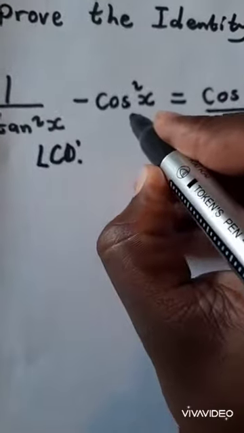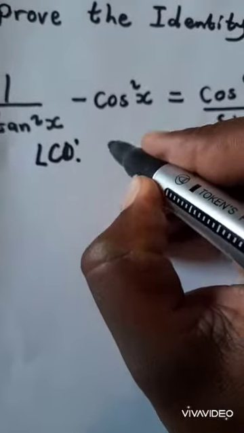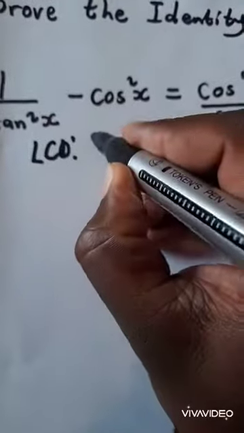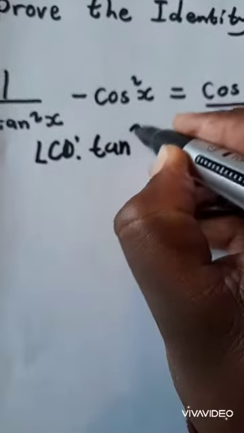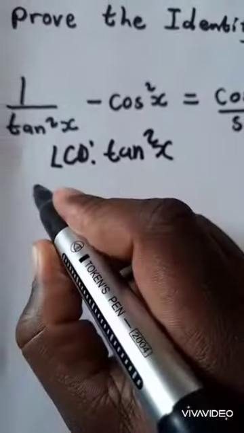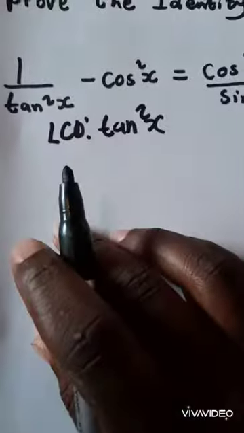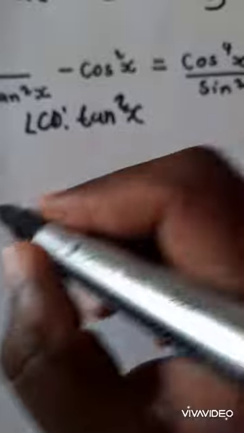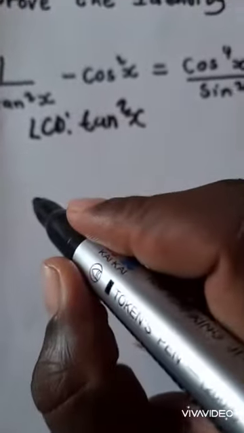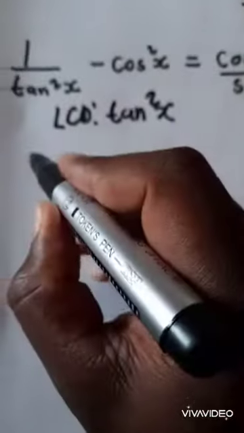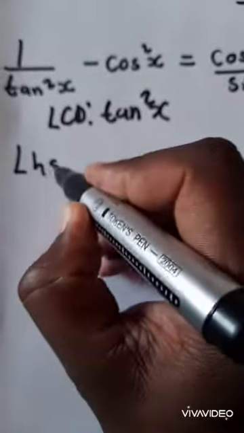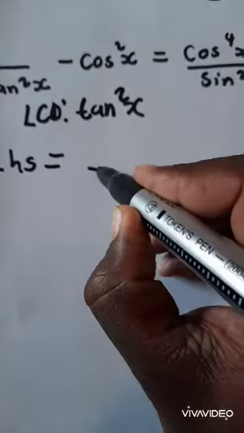Remember we have an invisible 1 here, and 1 times tan squared x will be tan squared x. So I prefer to work with the left-hand side. Some may prefer to work with the right-hand side, but what is important is that we must ensure that both sides are equal. So the left-hand side equals, I will place my LCD at the denominator there.